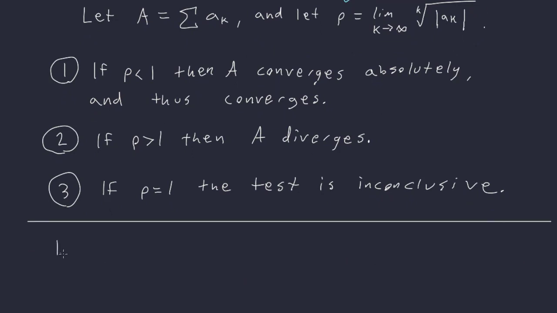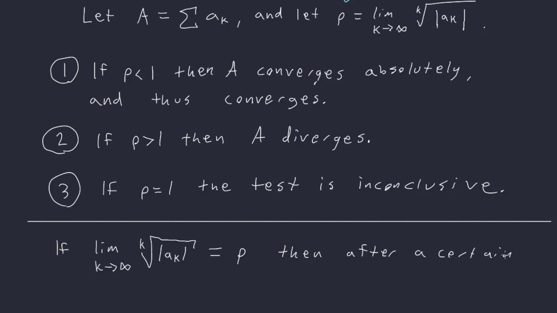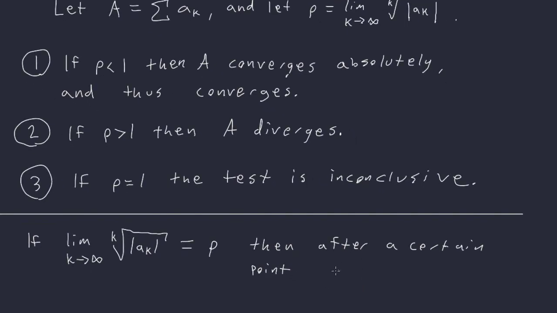So if the limit as k goes to infinity of the kth root of the absolute value of a sub k is equal to rho, then after a certain point, now this certain point may be maybe term 100, maybe term 1000, maybe term 2.